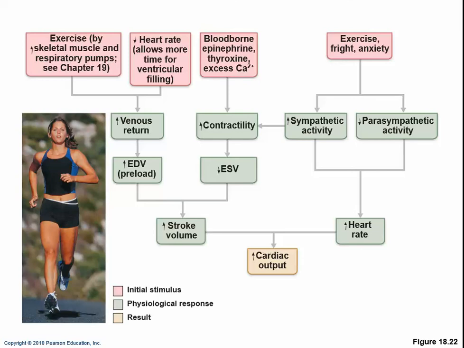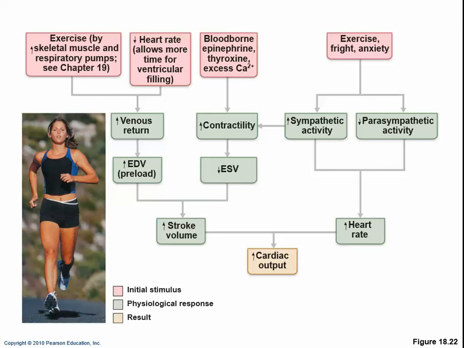So you can increase venous return using muscle and respiratory pumps. As skeletal muscle contracts, it squeezes on the veins, which pushes blood, with the valves, back towards the heart.